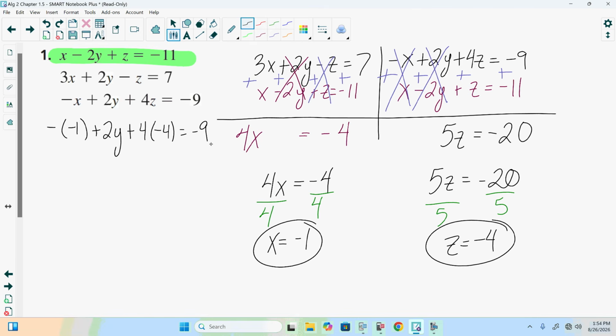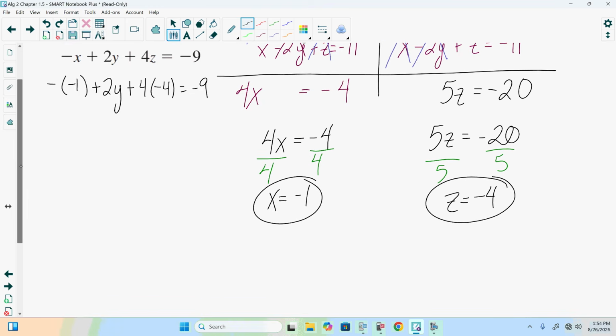Last but not least, we have to solve for y. I picked the bottom equation. It really doesn't matter which one we pick. We just got to plug it in one of them. Negative 1 is 1. Plus 2y. 4 times negative 4 is negative 16.